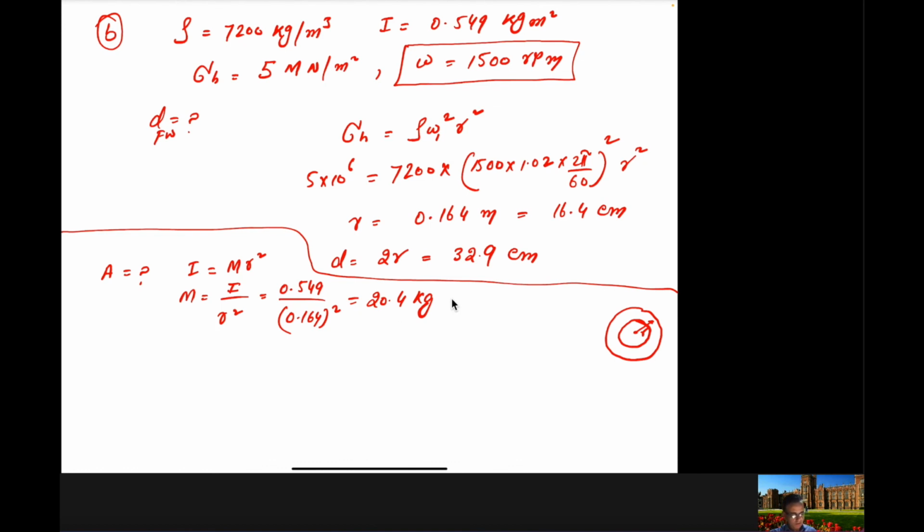And now for the rim of the flywheel, we know that the mass is equal to density times the volume. The volume is equal to the circumference times the cross-section area. So this is the cross-section area in this case here.